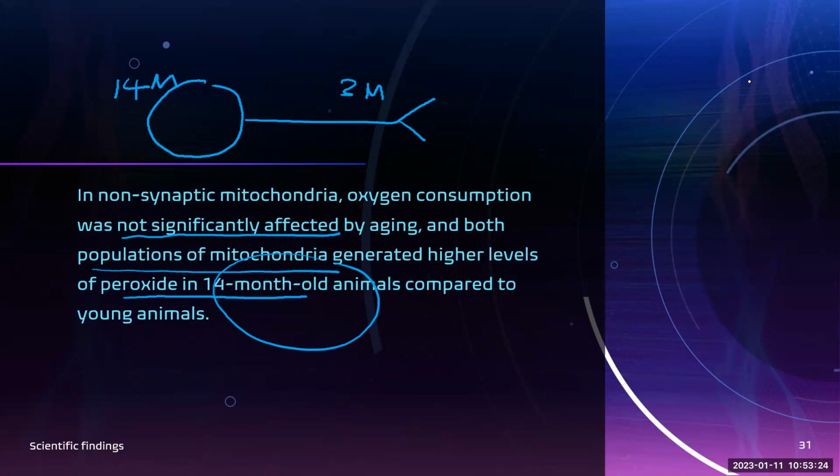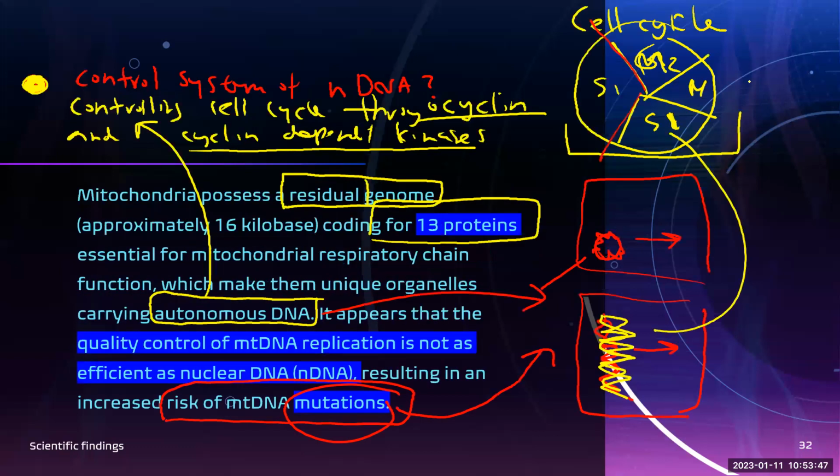Both populations of mitochondria generated higher levels of peroxide in 14 months old animals compared to young animals. Now, non-synaptic neurons do not have much energy demand like synaptic ones, so in this sentence they say it's not much affected because not much energy is used.